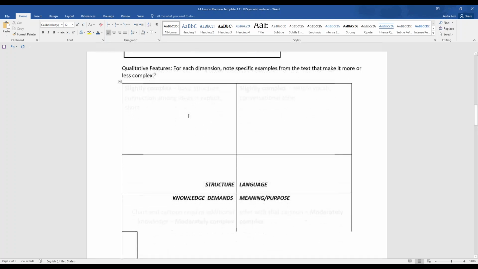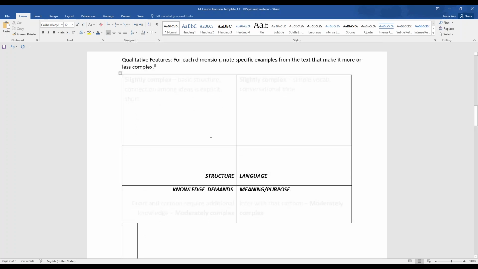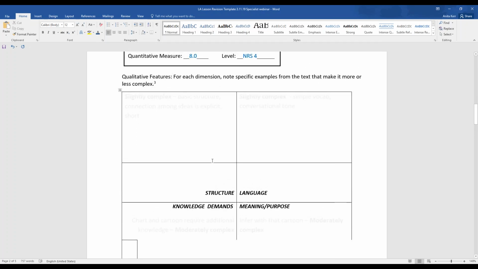So what we want to do real quickly is identify which sections of the text are going to make it the most complex, right? Do you remember our rubric that we looked at that has the 4 different kinds of complexity: structure, language clarity conventions, knowledge, and purpose. And what we want to do is decide which of these is going to give our students the most trouble.